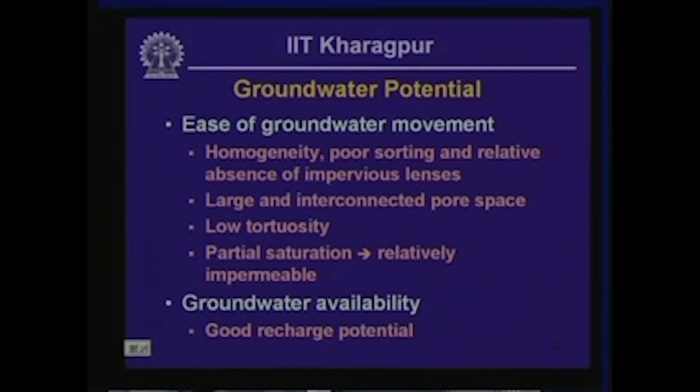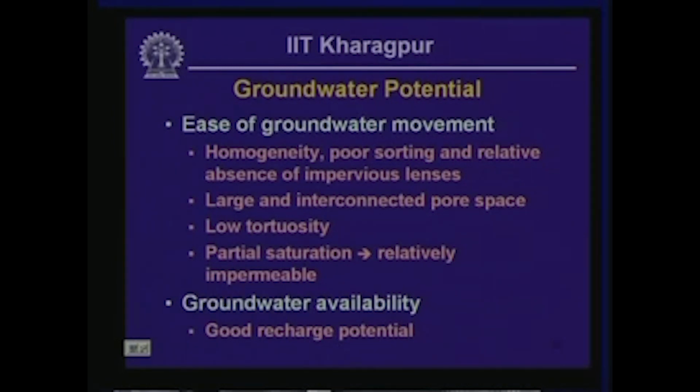Then before we look at the artesian groundwater flow, we are going to look at it later on. We first consider how do we get groundwater potential. So groundwater potential depends on how easy it is for groundwater to move through the underground formation. So it depends on the homogeneity of the subsurface formation which contains groundwater.